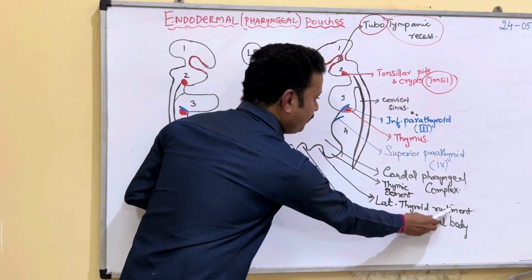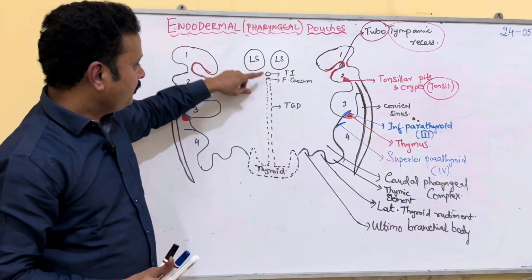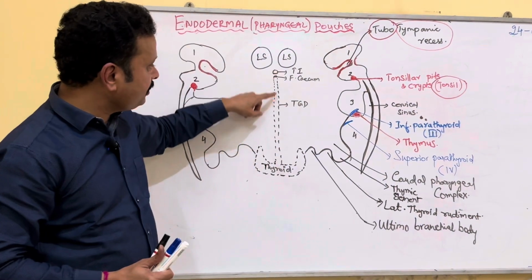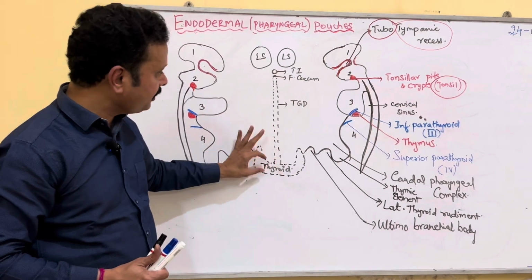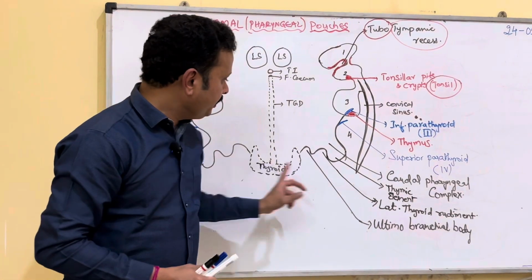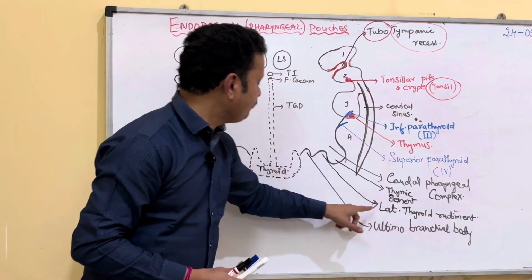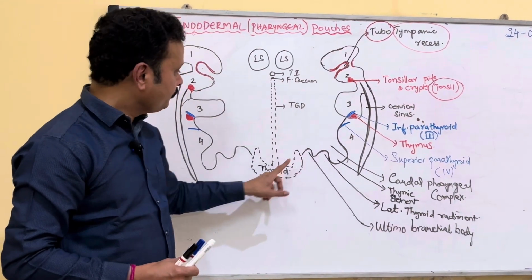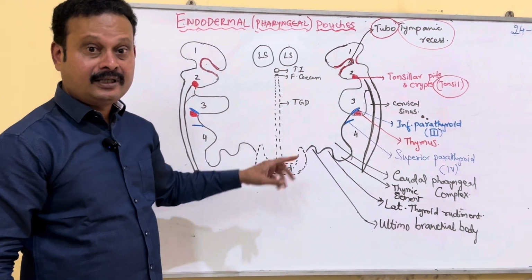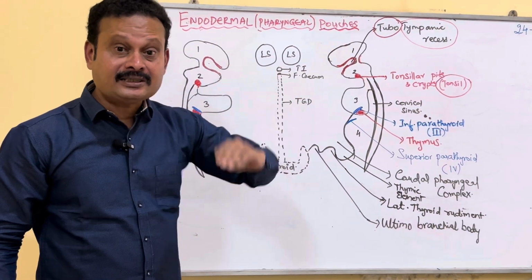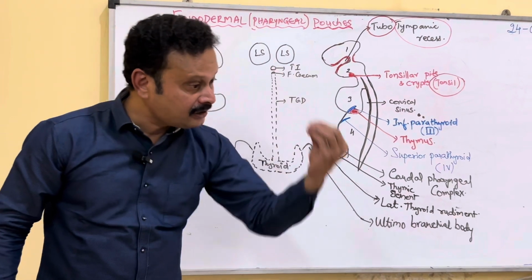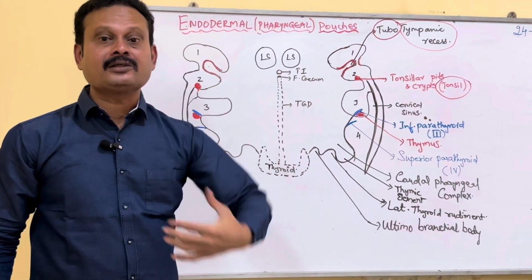Second one, the lateral thyroid rudiment. When the thyroglossal duct descends till here and starts proliferating, it fuses with this thyroid element of the fourth pouch, which fuses with the developing thyroid and prevents the growth of the thyroglossal duct further downwards, thus preventing ectopic thyroid.